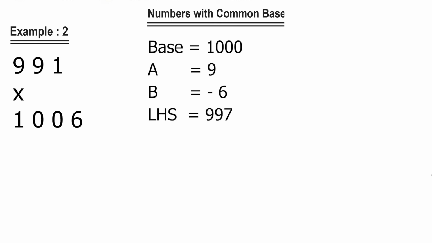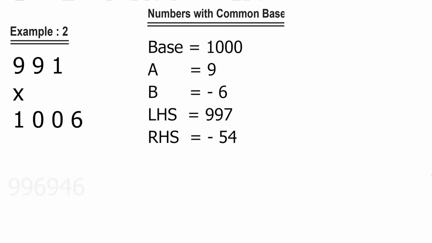Now according to the method, the right hand side of the answer is A multiplied by B, that is 9 multiplied by minus 6. Since the result of multiplying two numbers with opposite signs is always negative, we get the right hand side as minus 54. Now whenever we have a negative value in the right hand side, this is what we do when we write the final answer.